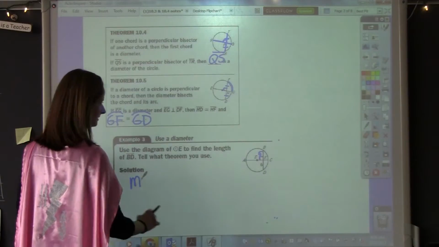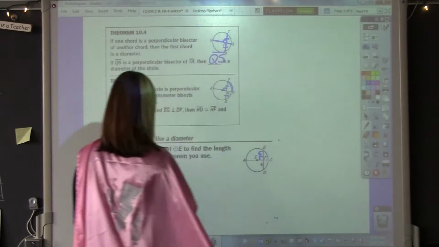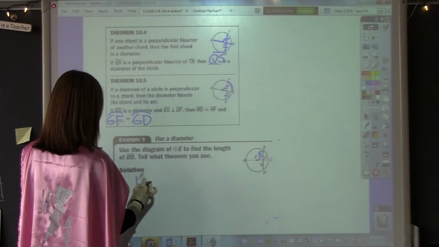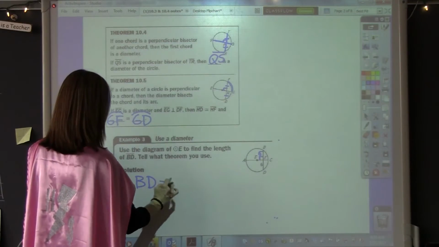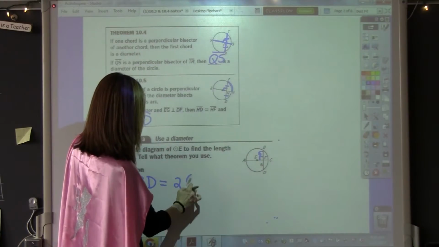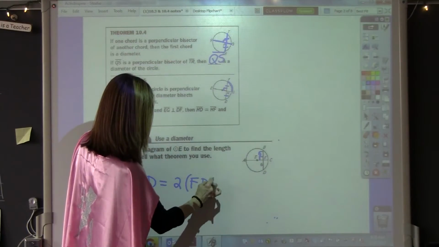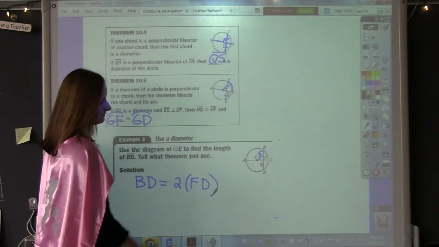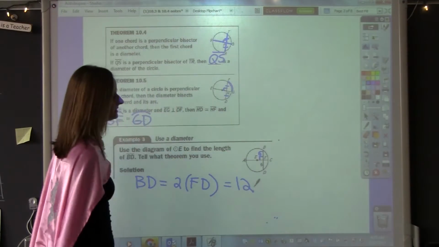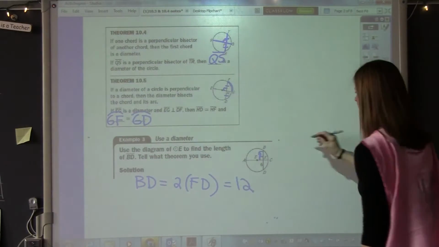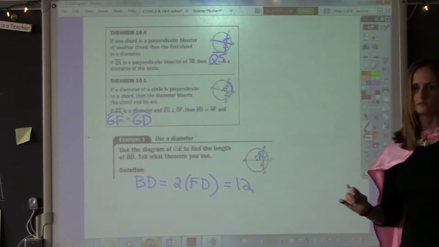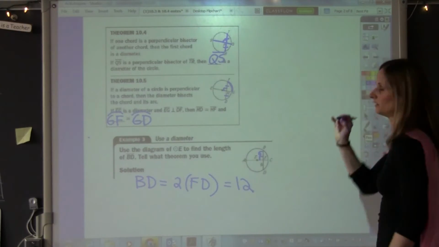I'm just going to write, find the length of BD. BD equals 2 times FD, and we know FD is 6. How does that work? That's good enough. Any questions? Am I going too quickly?